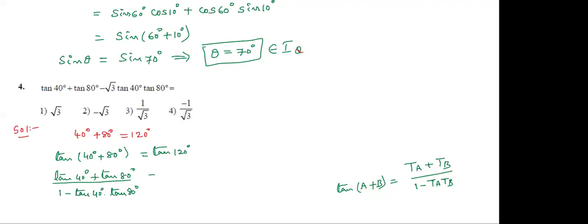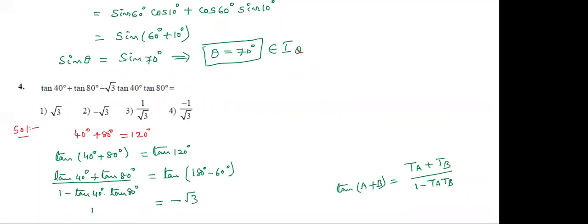See the right hand side, 120 degrees. We can write 120 as 180 minus 60. In 180 minus theta, the second quadrant, tan is negative, and at 180 there is no change, tan will come. Tan 60 is root 3.